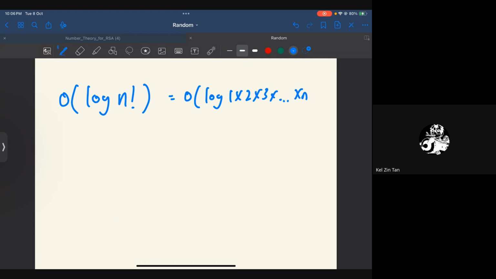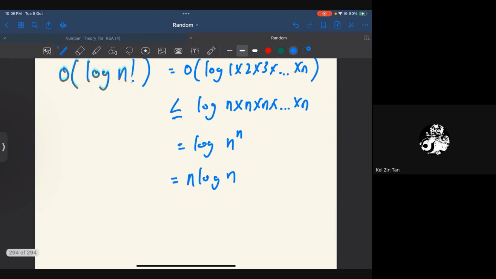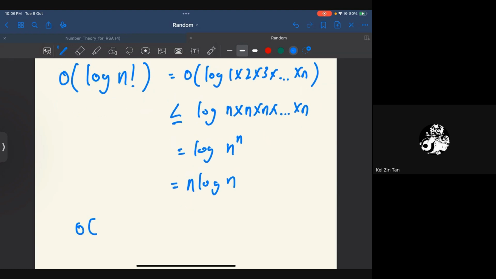This is less than or equal to, if I change everything to n, n to the power of n. And log of n to the power of n is n log n. So log of n factorial is O(n log n).